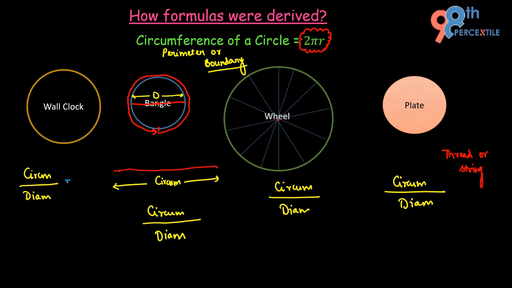For every object you will find a value approximately equal to 3.1415 and so on. Any object you take, you will find that the answer will be approximately 3.14.